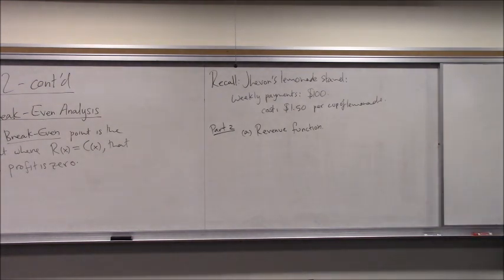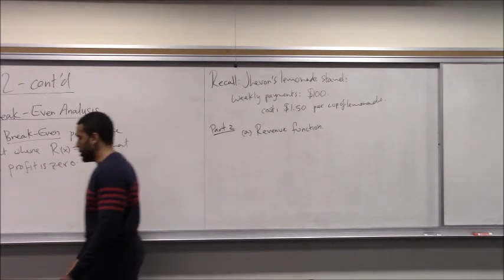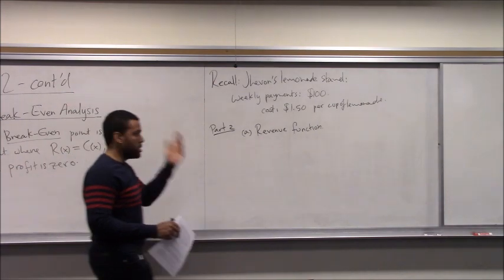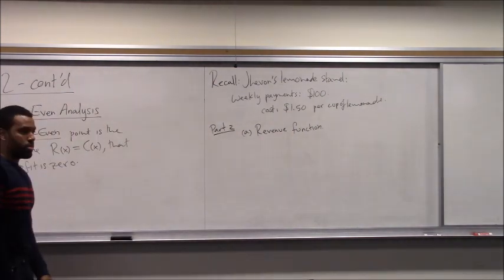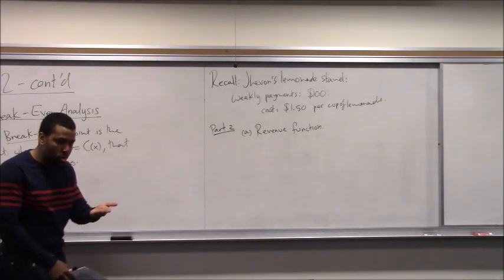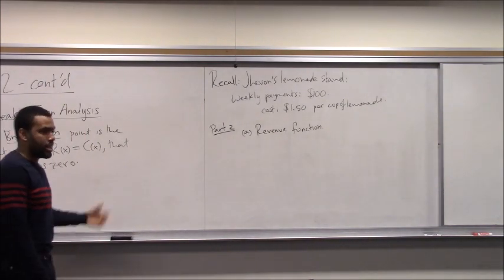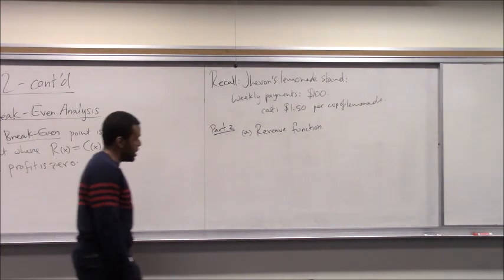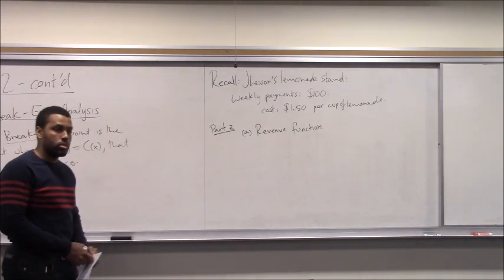I borrowed the money to buy the stand, so I'm financing it. It costs me $100 per week. And it also costs me, ingredients and everything factored in, $1.50 to make a cup of lemonade on average. So that's me paying attention to my grocery bill and paying attention to the cups and the ice that I'm buying, etc. And on average I realize, pretty much for every cup of lemonade I sell, it's going to cost me $1.50. What's the revenue function?